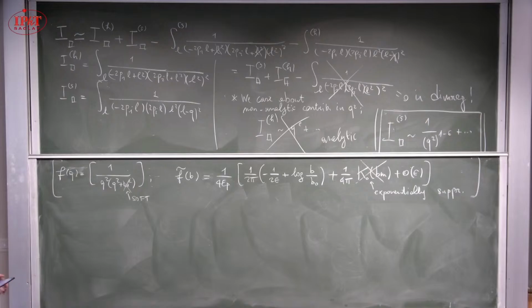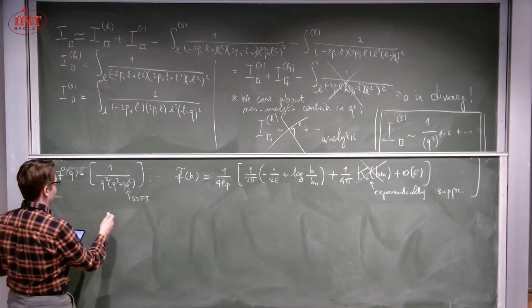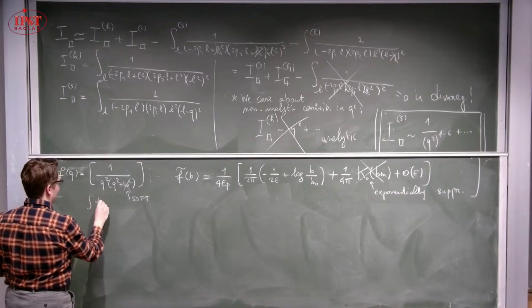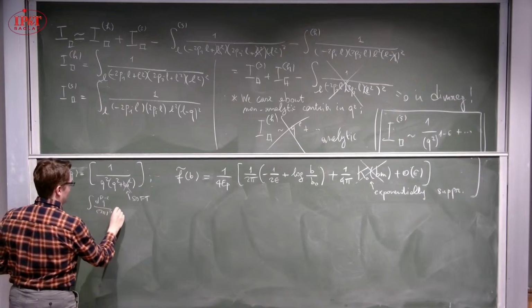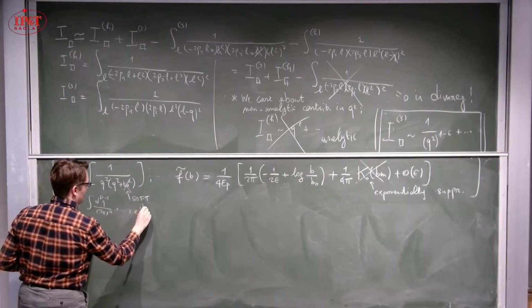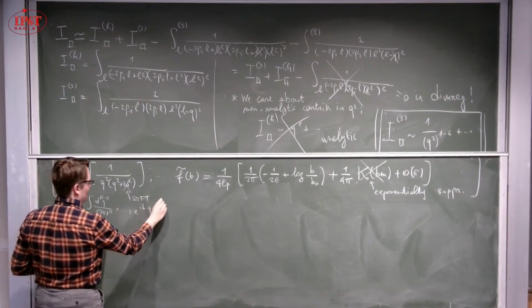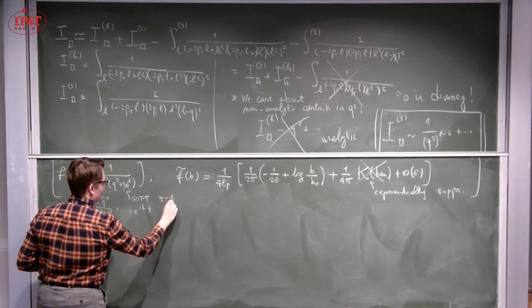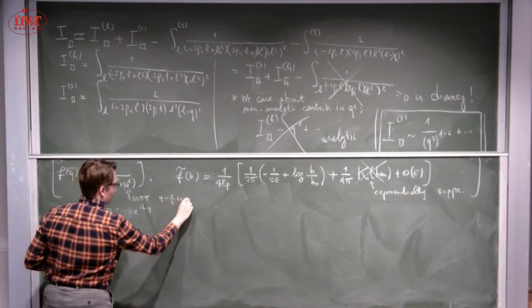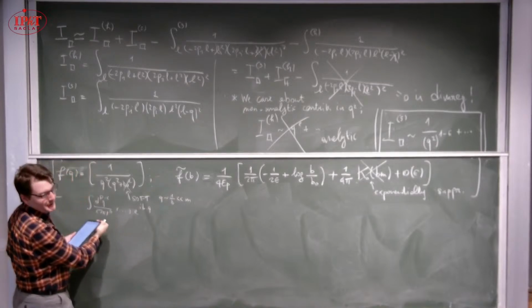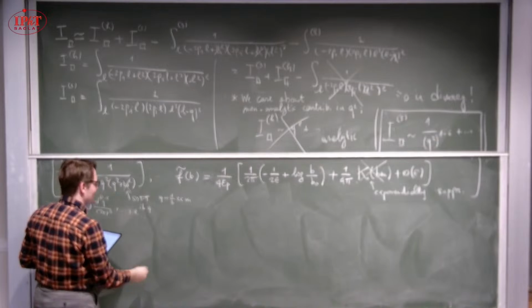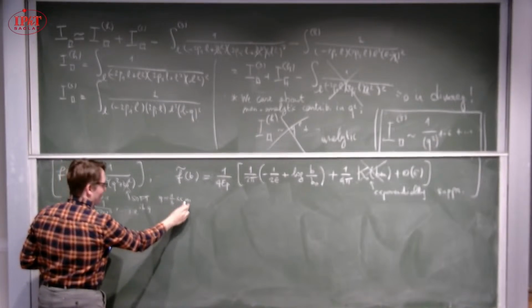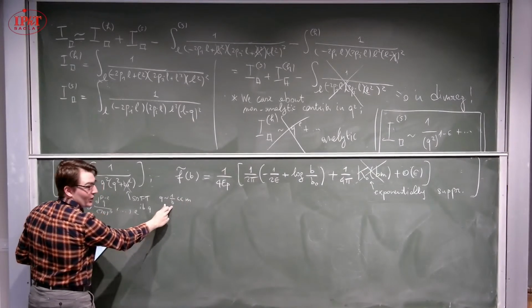Now, when you mean soft, you mean q goes to 0? Yeah, exactly. Now the integral is with respect to q, right? So the soft region would be then q is of order 1 over b, and they are much smaller with respect to m, because now q is the integrated variable. There is a bit of a change of notation. And the hard region would be when instead q is of the order m, and they are much bigger with respect to 1 over b.